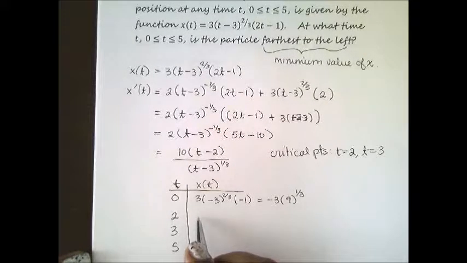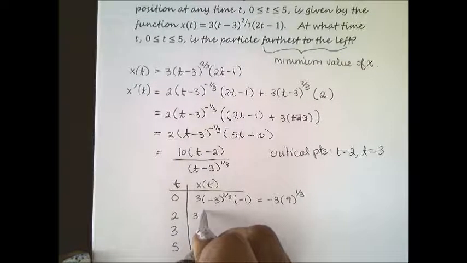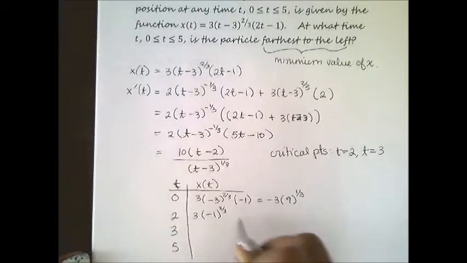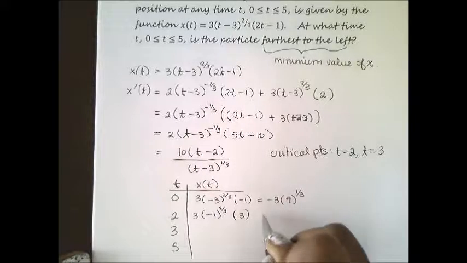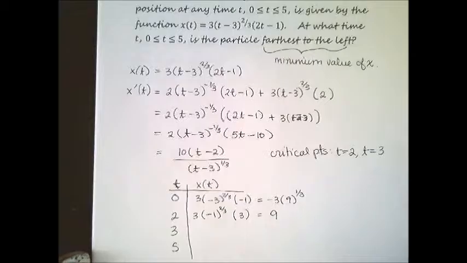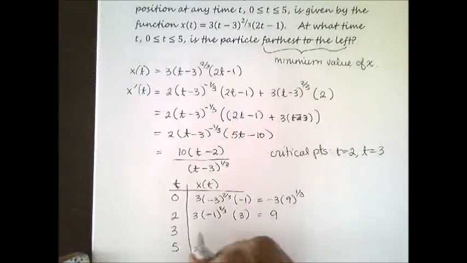When I put 2 in to x of t, I get 3 times 2 minus 3, which would be negative 1 to the 2/3, times 4 minus 1, which is 3. So this is actually 9. When I put 3 in here, I get 3 times 0.